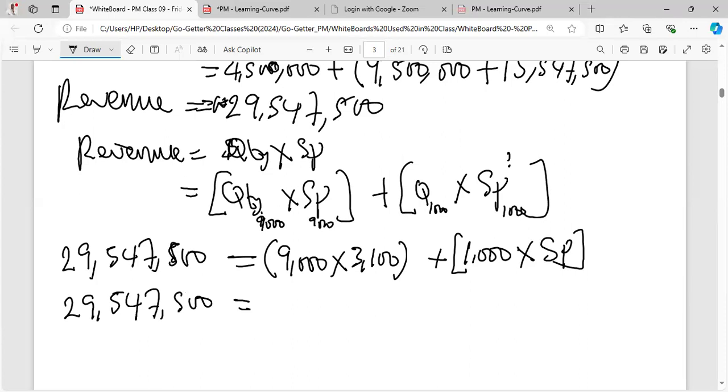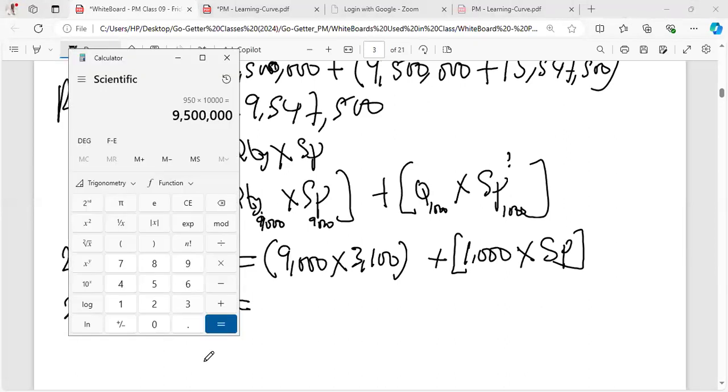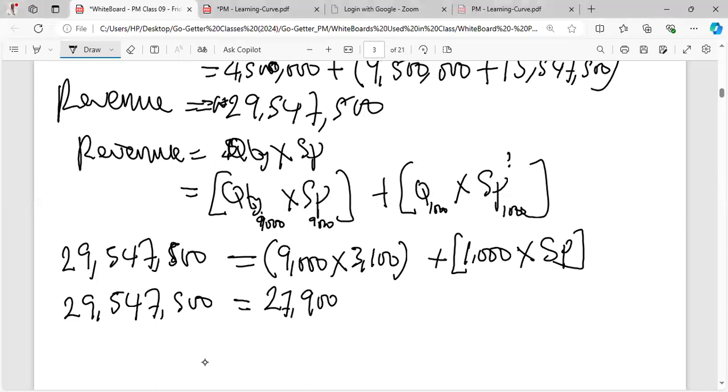This happens to be 29,547,500. Now 9,000 multiplied by 3,100 gives me 27,900,000. Now plus 1,000 times SP will give us 1,000 SP.